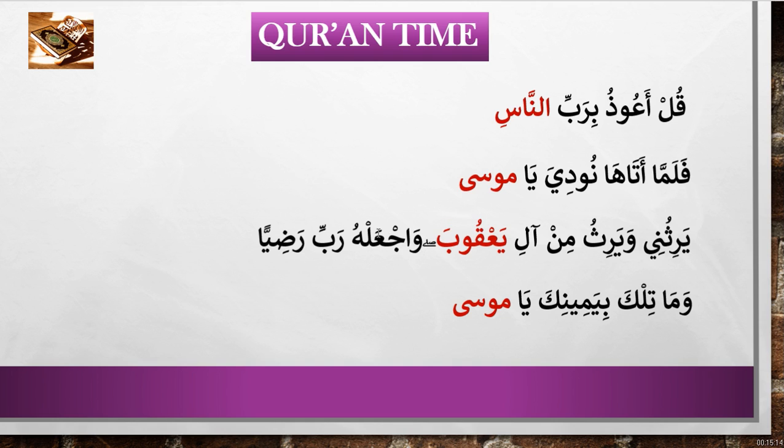And waj'alhu rabbi radiya. It's a prayer actually made by Zakaria, alayhi salam, and he was saying make him inherit from me and from the family of Yaqub, which is actually Ali, which is giving you the meaning family, and waj'alhu, make him, Rabbi, to his master, Radiyan, pleasing.